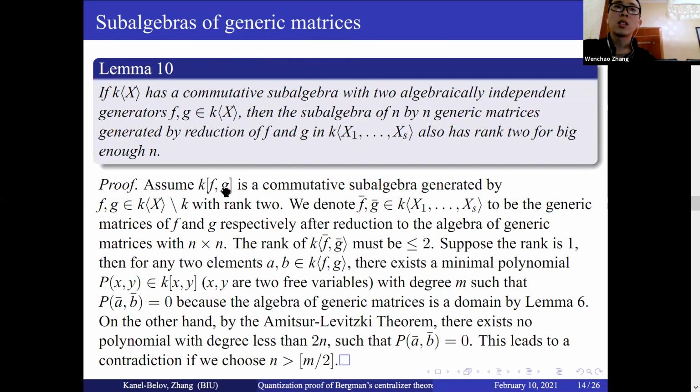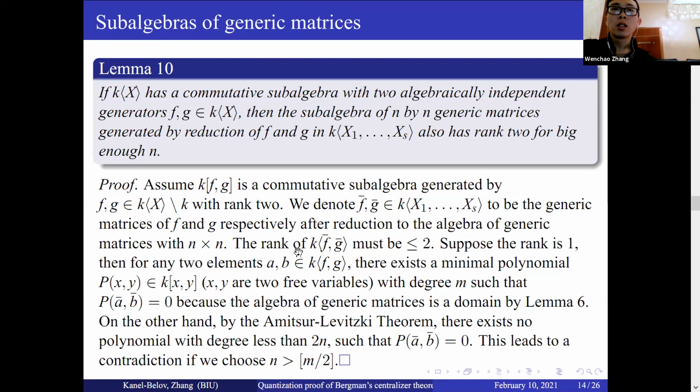So assume that this is a commutative algebra generated by f and g, which are non-scalar elements of the free associative algebra, and suppose its rank is 2. We denote f bar and g bar as the reductions to the algebra of n by n generic matrices.